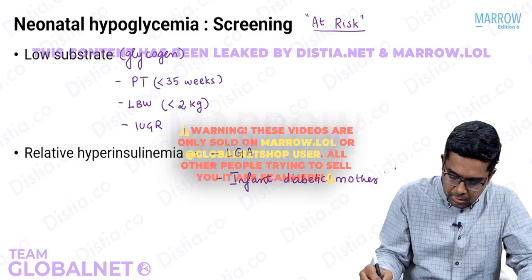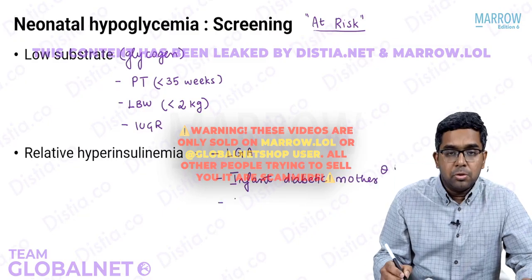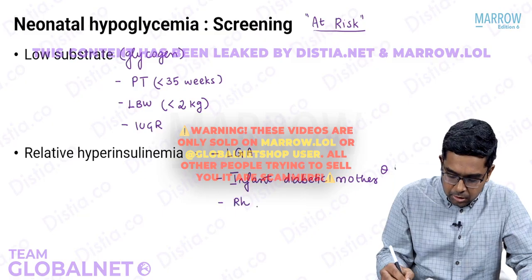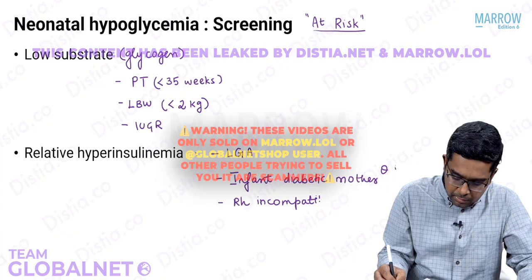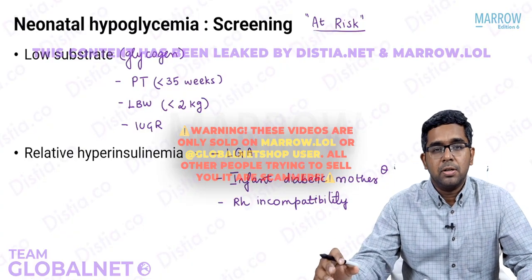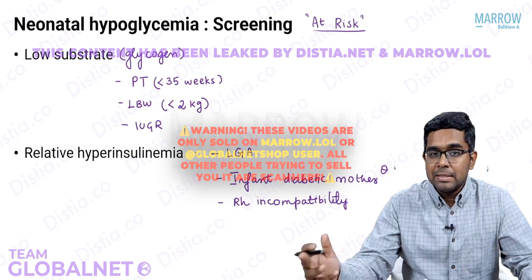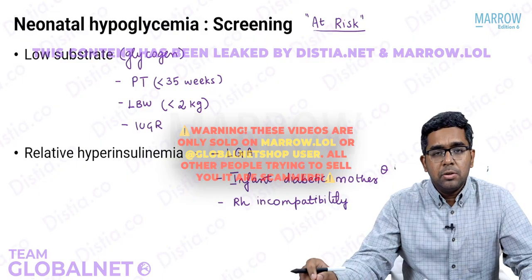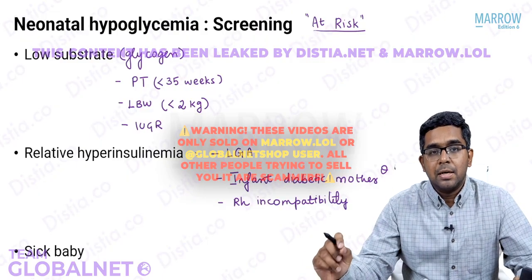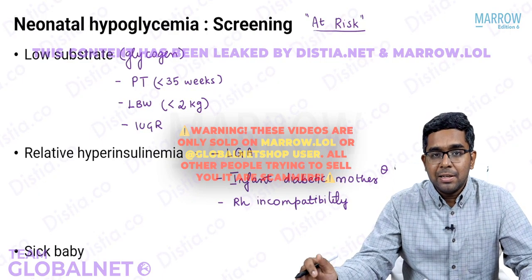Very commonly asked exam question. And one more group is babies with RH incompatibility. RH incompatibility babies are also found to have a transient increase in insulin levels after birth, so that's why they need to be screened.